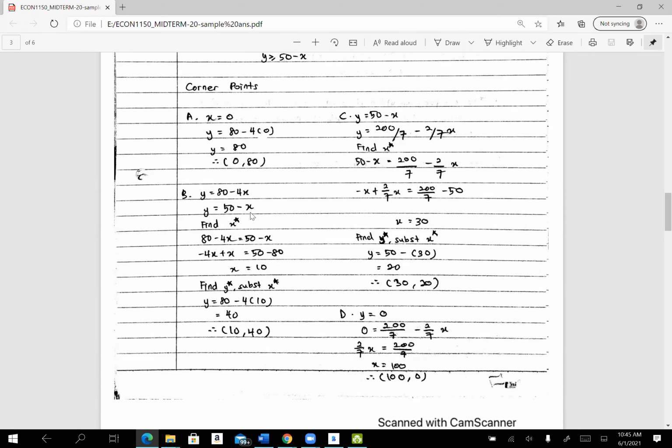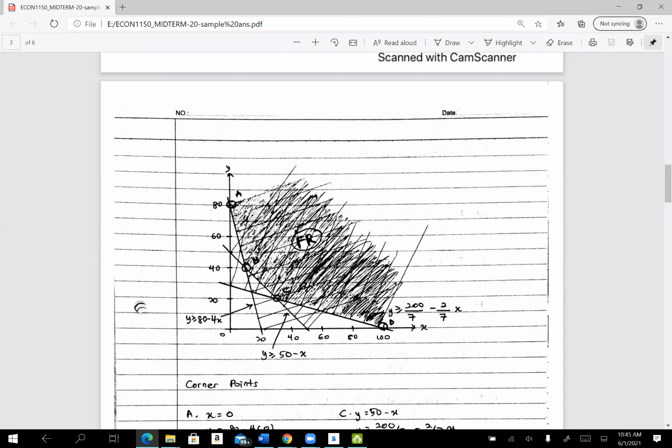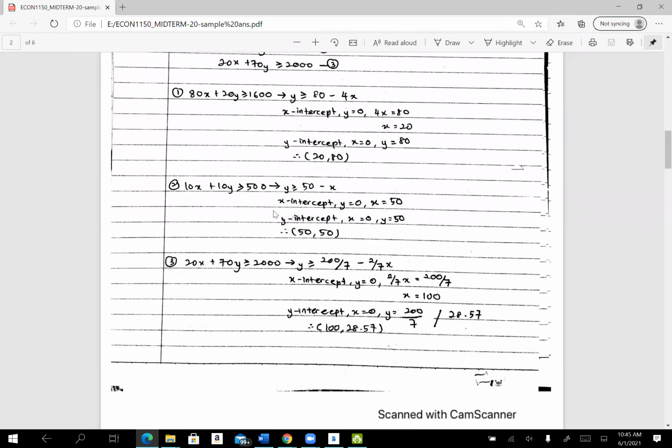This will come from the inequality. All right, you have the inequality 1, 2, 3. So to find point B, it is the inequality yang ni, 50-50. So 50-50 is the inequality yang nombor 2.